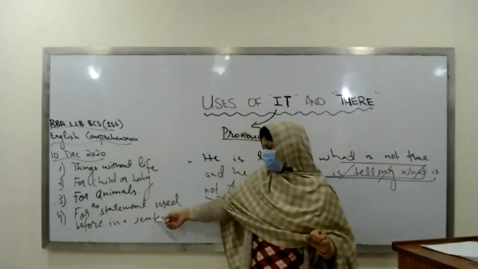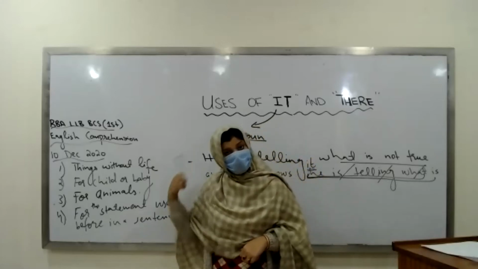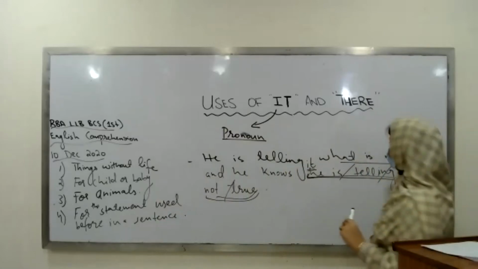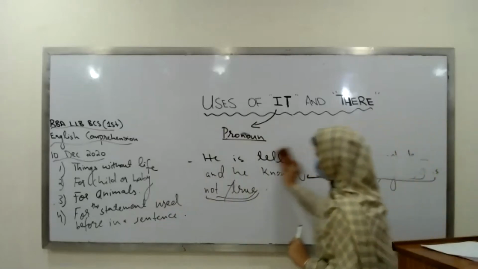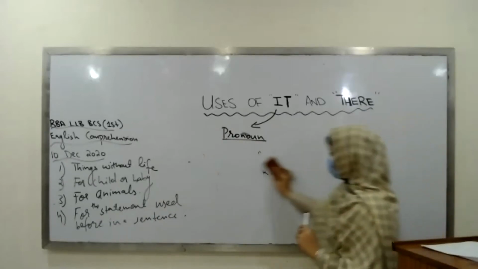It is used for a statement which has been used before in a sentence, जो पहले sentence में use हो चुकी है, right? So till now we have talked about 4 uses of it. Now we are going to see another example of the same use.